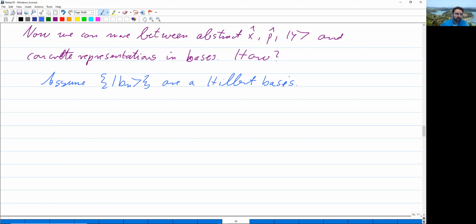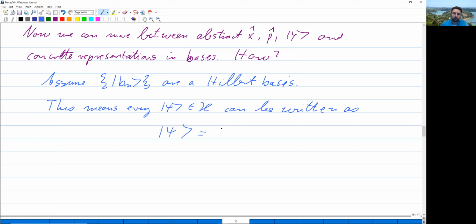So this means every psi in H can be written as psi equal to sum over n equal 1 to infinity psi n bn.